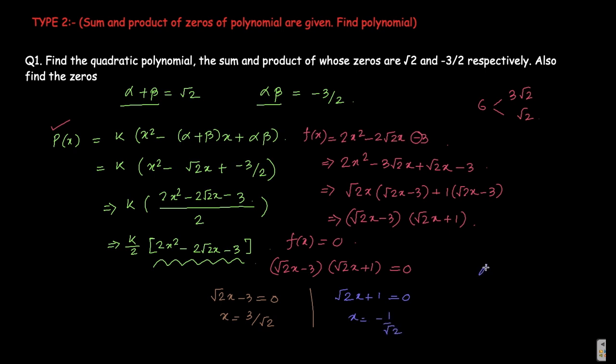That is, alpha is 3 by root 2, and beta becomes minus 1 by root 2. These two are the zeros of the polynomial. If we put 3 by root 2 or minus 1 by root 2, the equation becomes 0. We are getting 0.